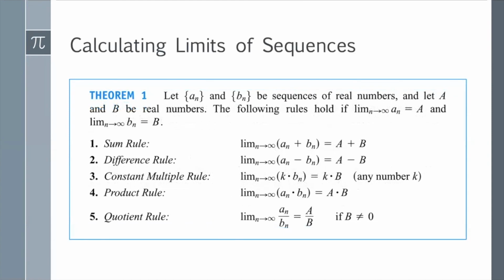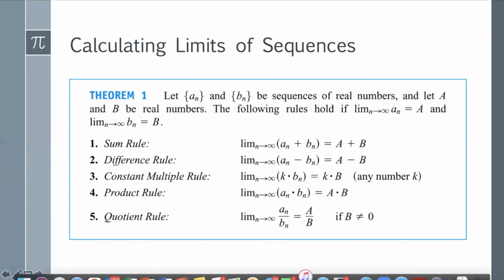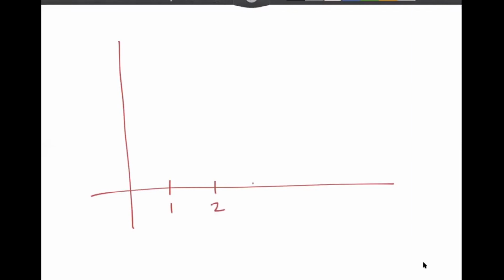Now, I didn't think about this before. I guess maybe I assumed that they would talk about it, and maybe they will. I just want to make sure. There is one other way in which a sequence can diverge, and I want to show you a picture of that. It may not be that the sequence is going off to positive infinity or negative infinity.